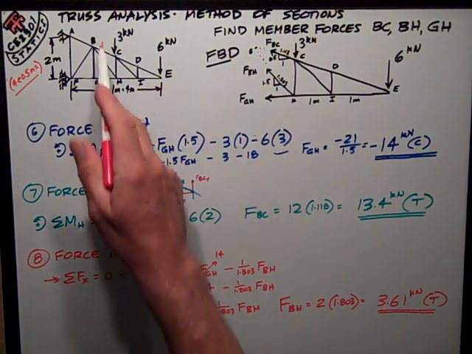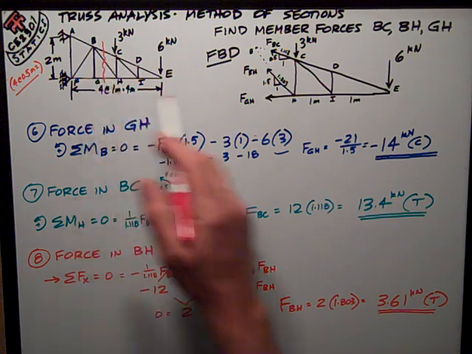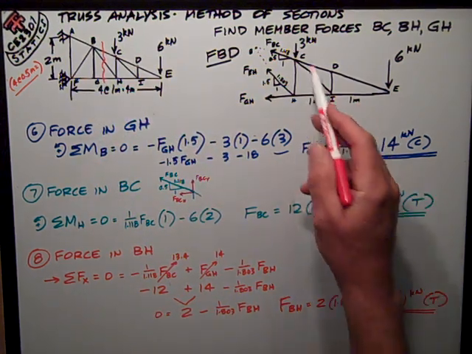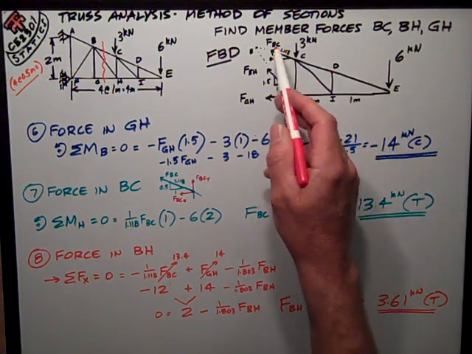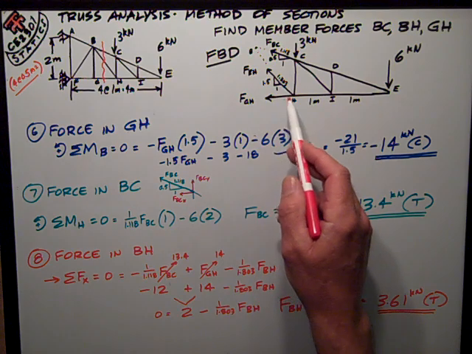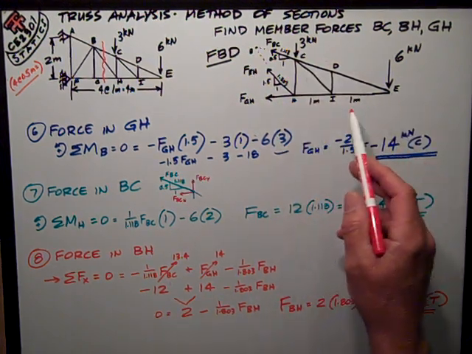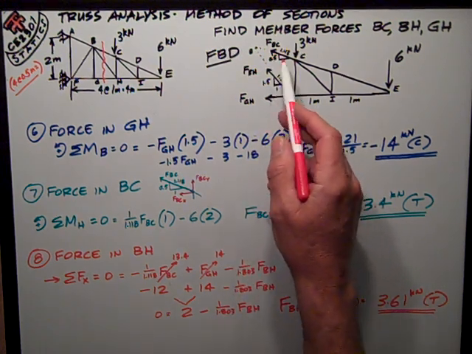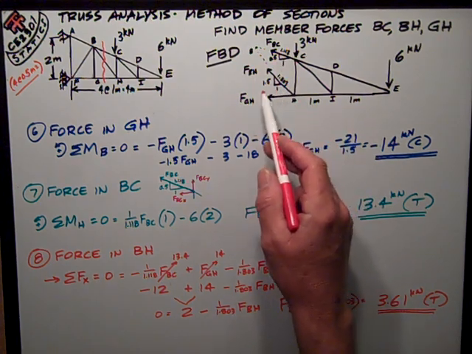I'm going to draw a free body of the part to the right of my section cut, and here it is over here with my unknown member forces BC, BH, and GH cut off, my forces, and a little bit on my dimensions. I want to work out what the slopes of BC and BH are.